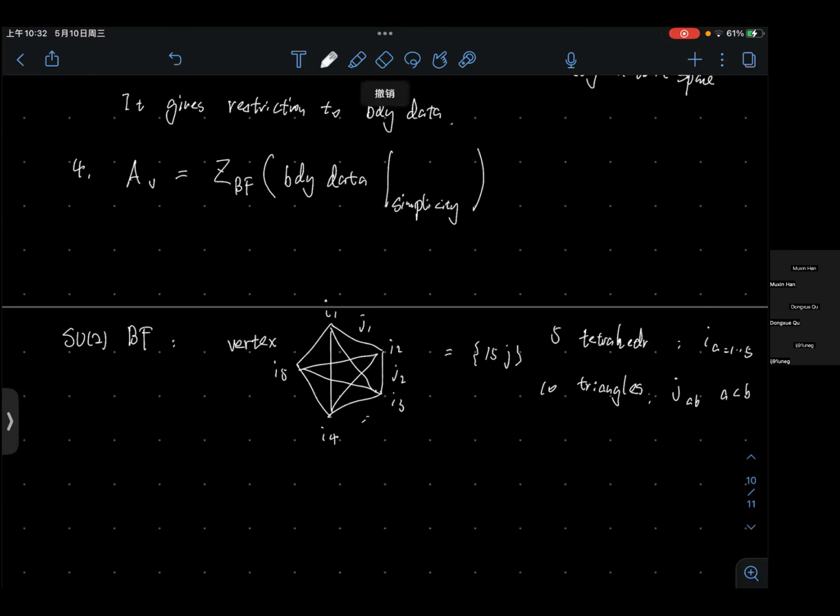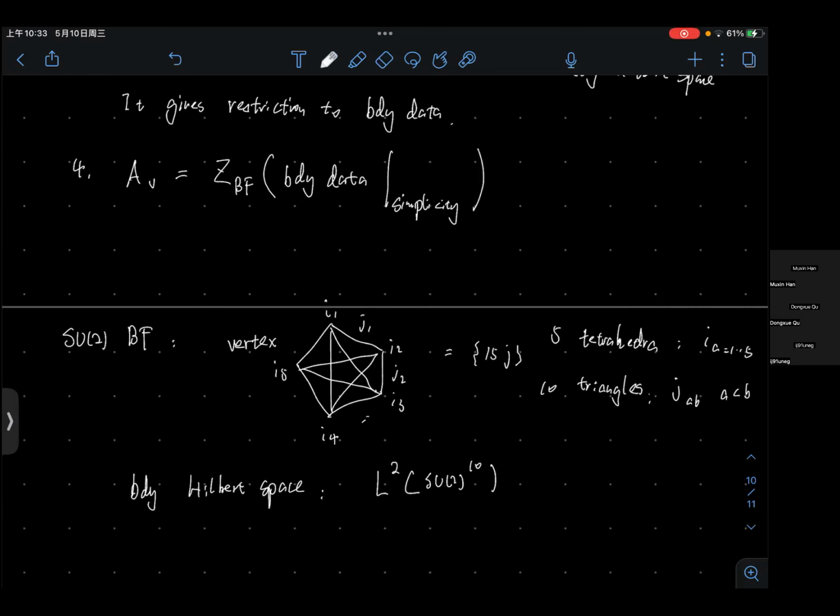So the Hilbert space for this boundary data is the boundary Hilbert space, which is just the Hilbert space of boundary data, and each choice of boundary data is a state in this Hilbert space. The boundary Hilbert space is just L2 of SU2 to the power 10.